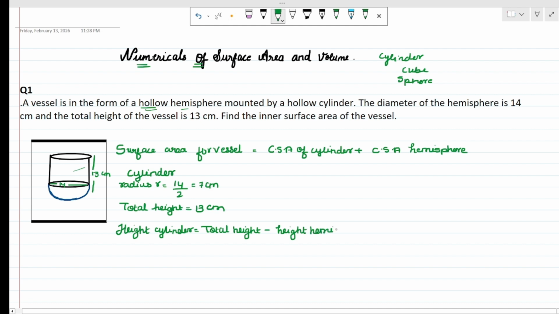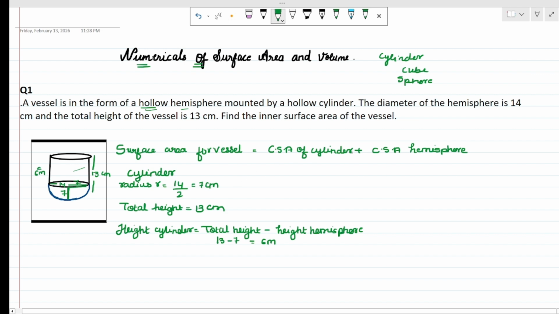Now, you should know that the radius of the hemisphere is equal to its height. If 7 is the radius, the height of the hemisphere will also be 7. So 13 minus 7 gives 6 centimeter. That means the height of the cylinder is 6 centimeter.